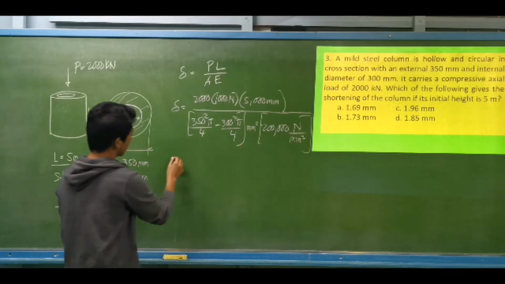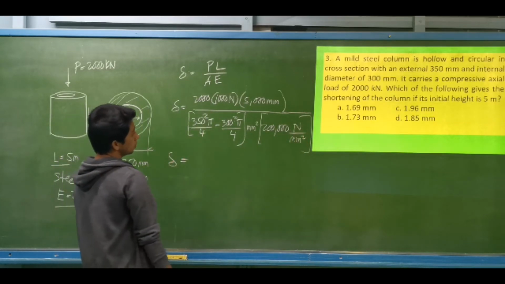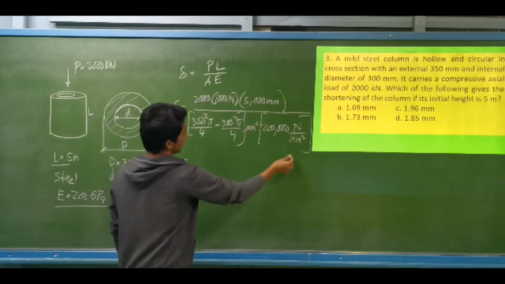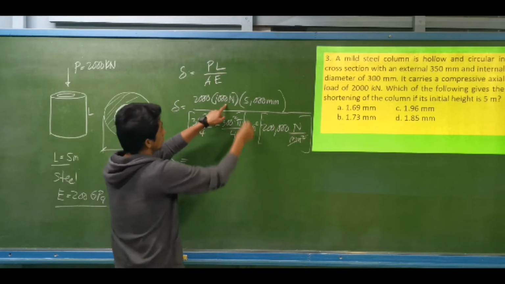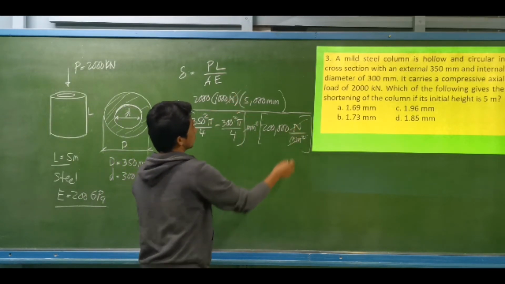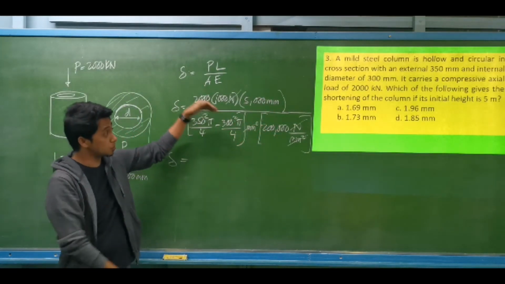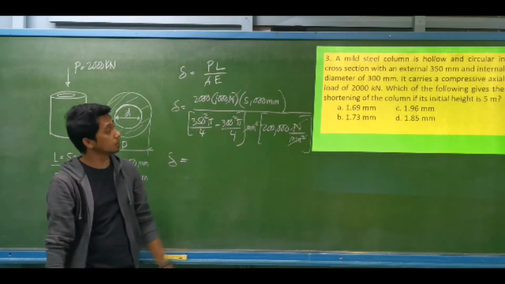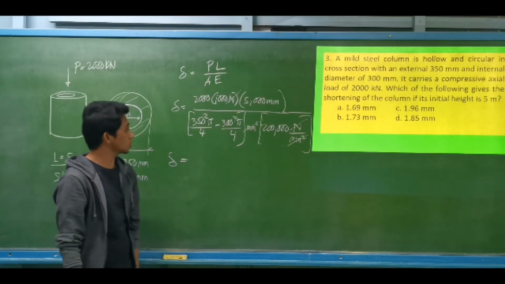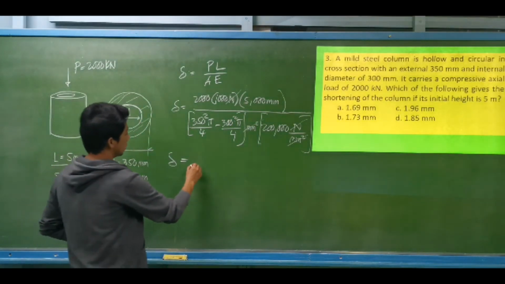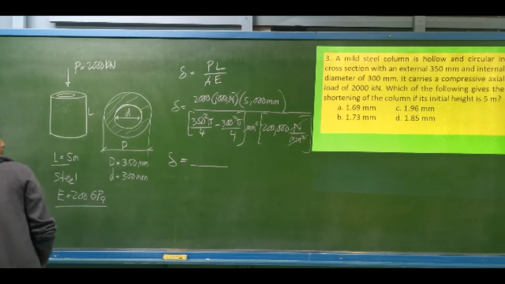If we do unit analysis, we cancel mm squared and the newtons. Since it is a shortening due to a compressive load, the remaining unit should be in terms of mm. So let's compute for that.